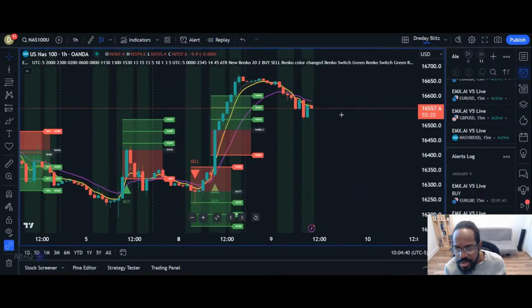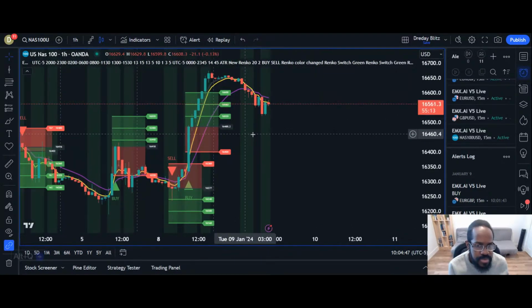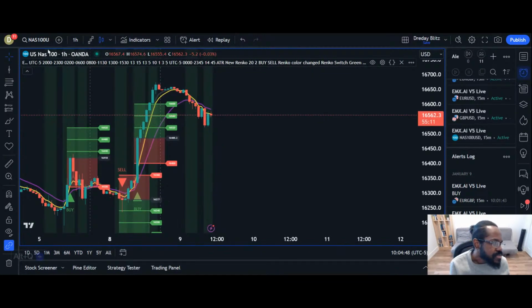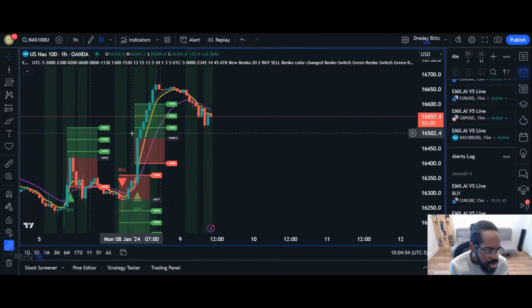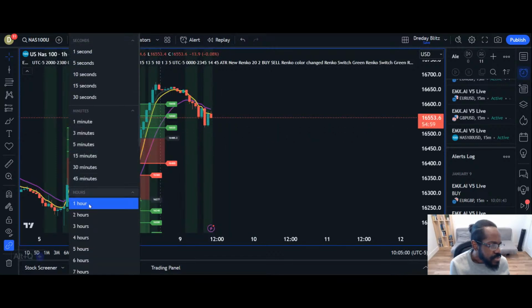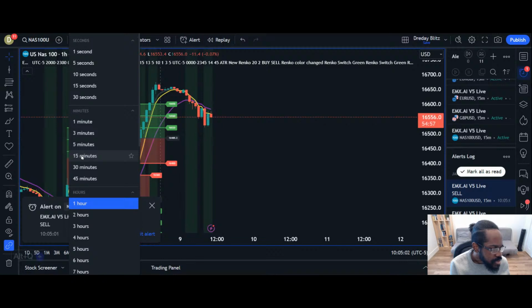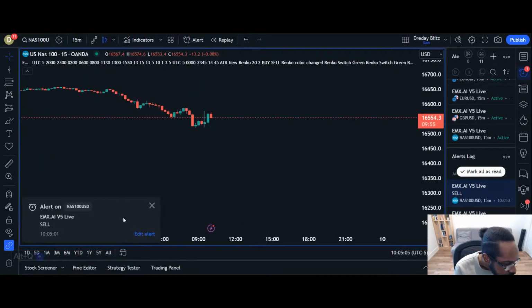So let's see. Oh, okay, I was already on the 1 hour. So you said there was a buy on the 1 hour. I see there was a buy here from yesterday, and that hit TP3 and more.